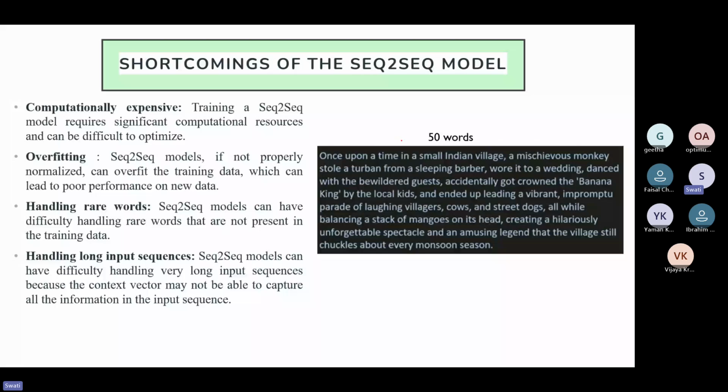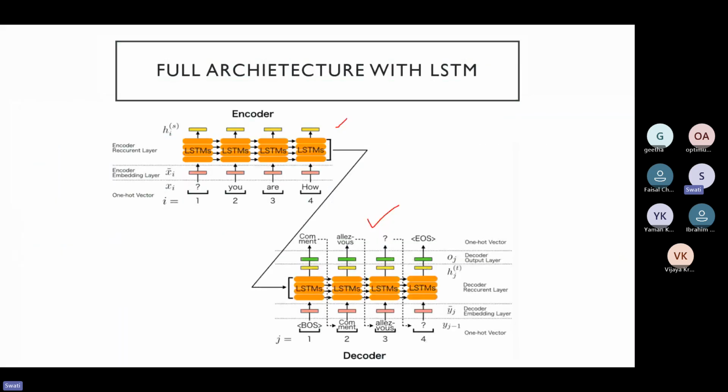In this model, you can understand we are telling the encoder to remember the whole sequence in one go. We are giving just one context vector as an output to the decoder, so this context vector should hold all the information.